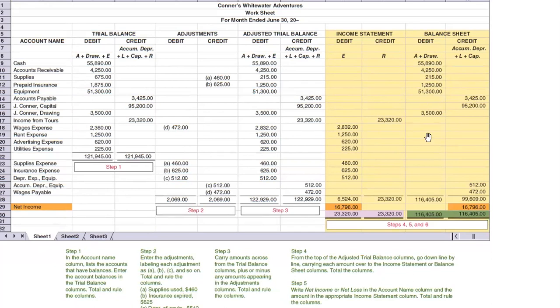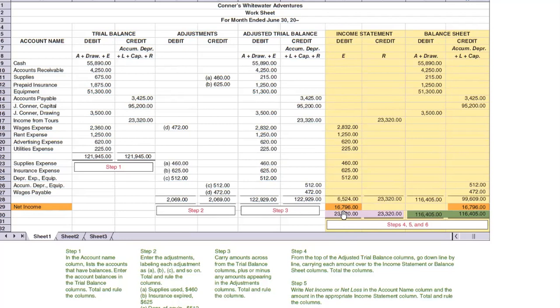So that's what we're doing with each of those. And remember on our income statement, revenue minus expenses equals net income. So we see here revenue 23,320 minus expenses 6,524. Revenue minus expenses equals net income. So that's our net income here.